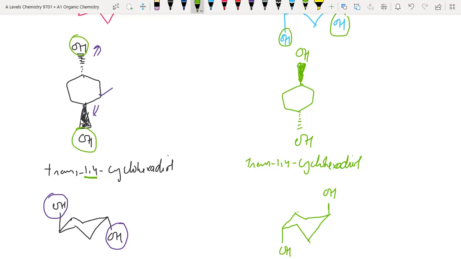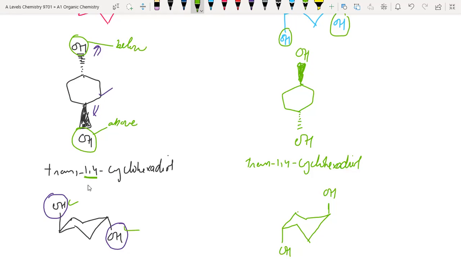This OH functional group is above the ring, and this OH is below. So the structure can be written like that: OH functional group above the ring and OH functional group below the ring.